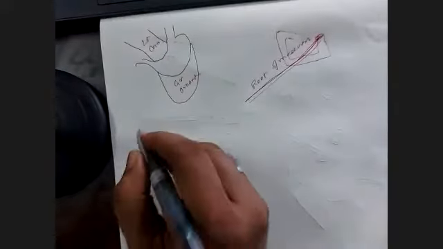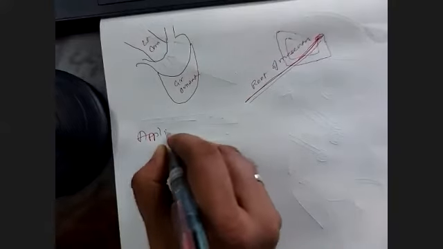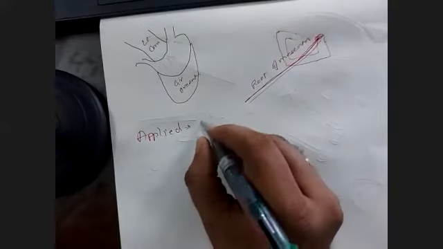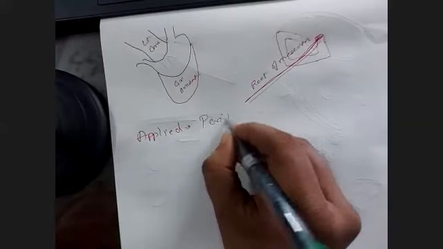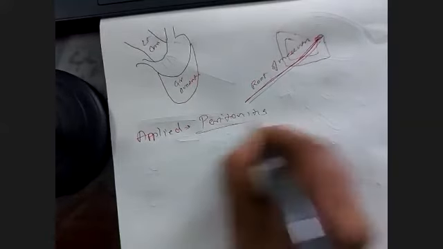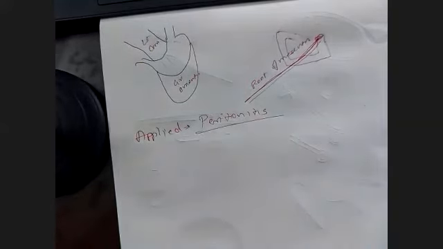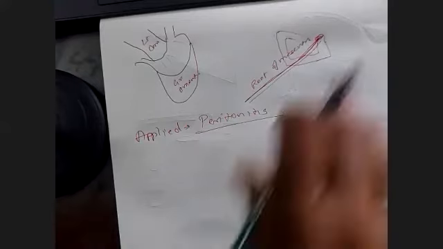Now coming to the applied anatomy of the peritoneum, the last component, and the applied anatomy is peritonitis. Like there is pericarditis in case of the heart, and pleuritis in case of the pleura surrounding the lung.